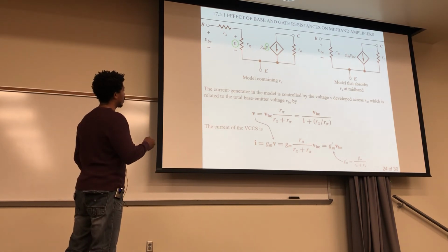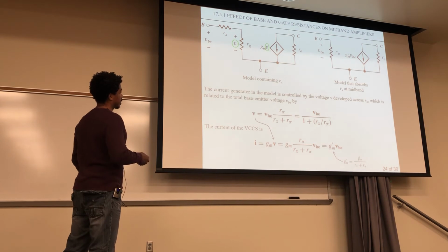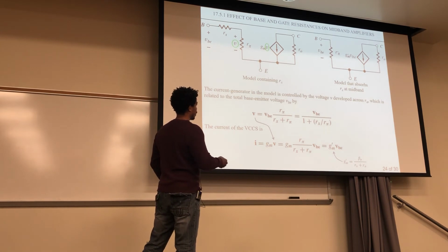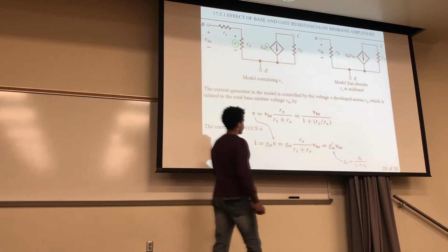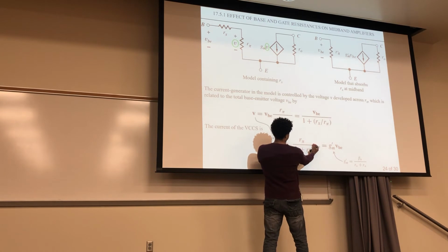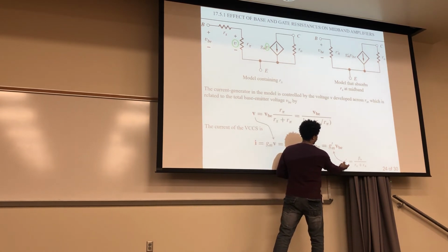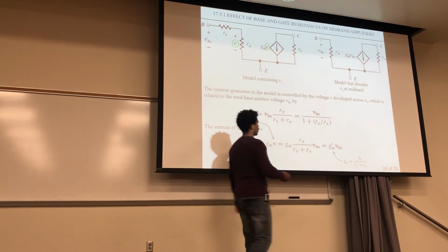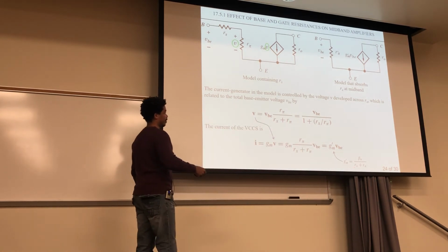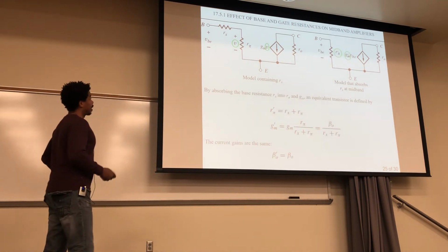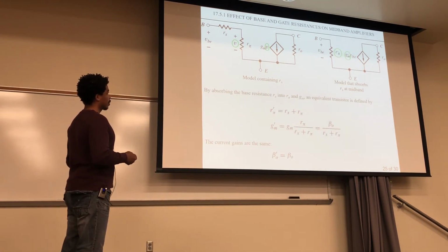This whole thing is going to become our gm prime. So we have an expression for our R pi prime: R pi prime is just Rx times R pi over Rx plus R pi.